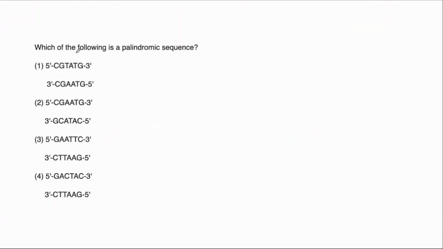Next question: which of the following is a palindromic sequence? I hope you remember the meaning of a palindromic sequence. The example that I gave you in class was Malayalam. Palindromic sequences are sequences which, when read from both ends, sound the same.